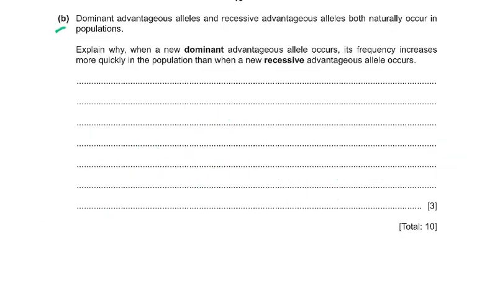Then coming to part B of the question, dominant advantageous alleles and recessive advantageous alleles both naturally occur in populations. Explain why, when a new dominant advantageous allele occurs, its frequency increases more quickly in the population than when a new recessive allele occurs.